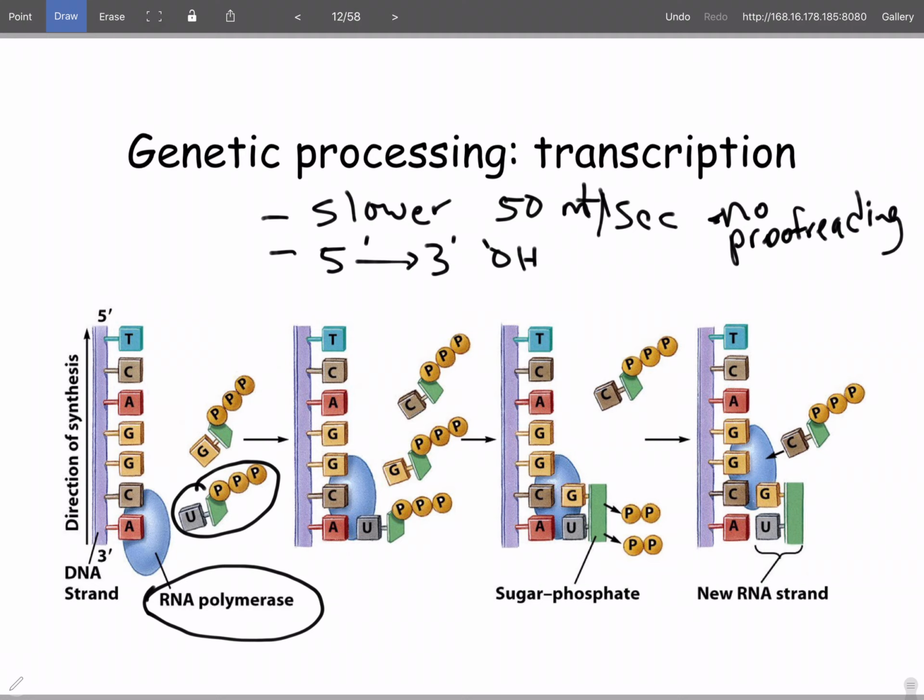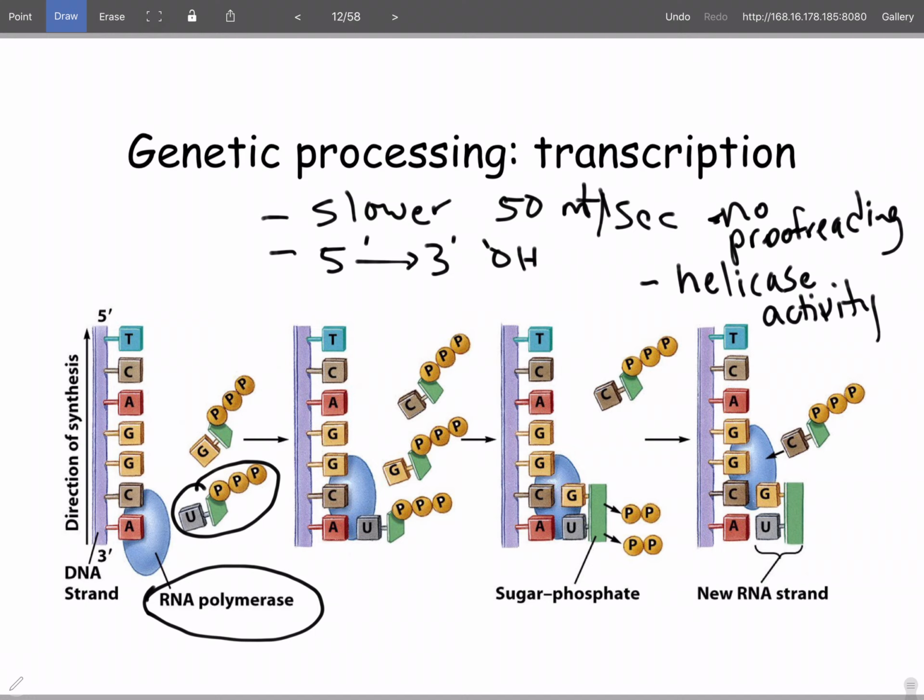Another thing that RNA polymerase has that DNA polymerase doesn't is helicase activity. Okay, what's a helicase? Yeah, so it unwinds the DNA.